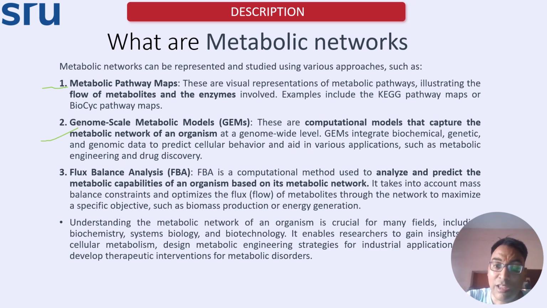The third one is flux balance analysis. This part analyzes how much metabolic capability there is, based on the metabolic network. We normally do the mass balance: if this much mass of metabolites is taken up for a certain set of biochemical pathways, how much output comes up for the different metabolites.